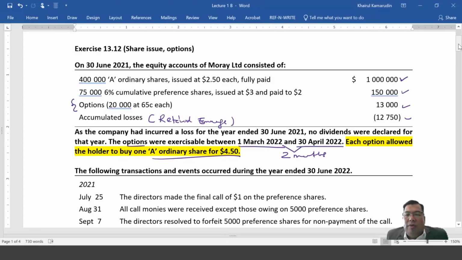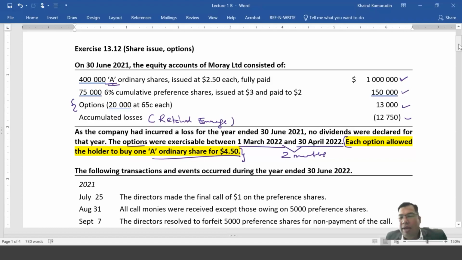So if they want to exercise their option, they can. They need to pay 450 per share.